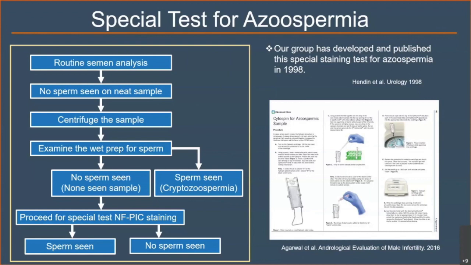When no sperm are seen on the spun sample, then we proceed for the special test, which is the NFP staining, and this is preceded by the cytospin step. And when the slides are stained, we will either see the sperm or we will not see sperm, and this is how we will validate the azoospermia test. The image on the right illustrates the protocol for the azoospermia test, and this has been shared with all of you. Next slide, please.